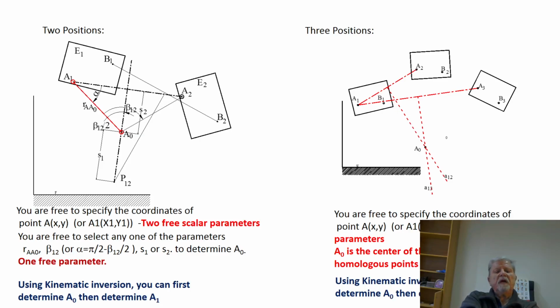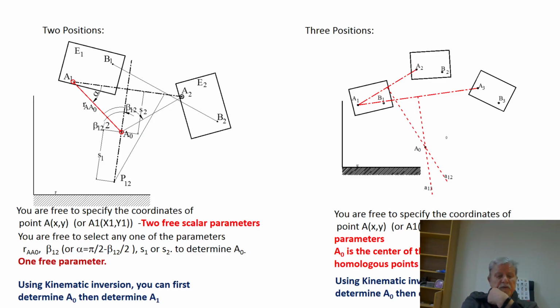Now that means you have to specify two coordinates of A, x, y, either with respect to the moving or fixed frame. And then you can specify the distance of A0 from P12, or the distance of A0 from the midpoint of A1, A2 to A0, or you can specify the angle alpha, which is equal to pi over 2 minus beta over 2, where beta 1, 2 is the crank rotation from position 1 to position 2, that you can specify.